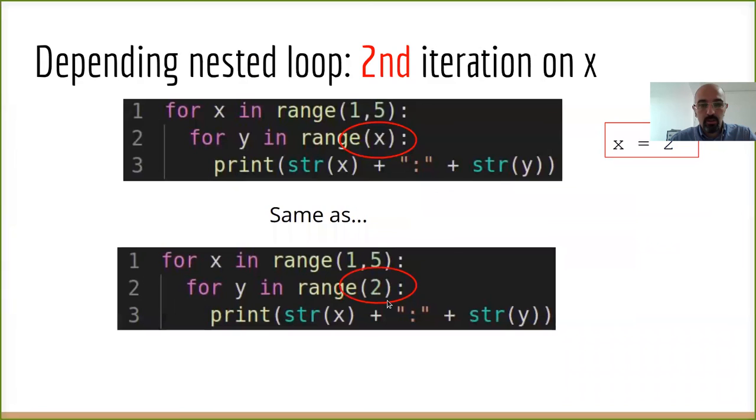For the second iteration, we will have x equal to 2, and it is like having for y in range 2, because at the second iteration, x will be 2. So we are binding the number of iterations upon the values of the elements of the first range.